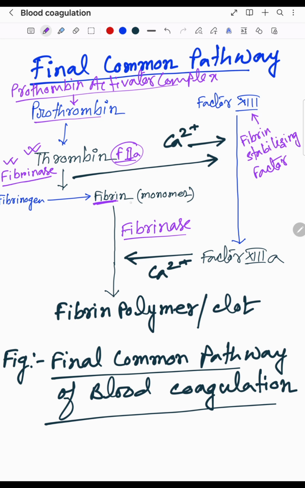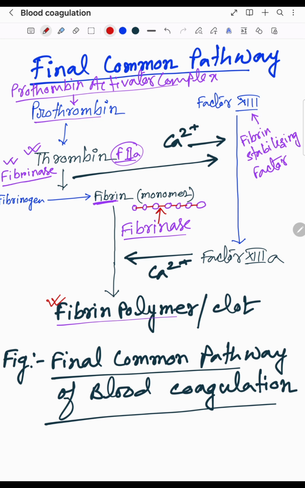Monomer means only one unit, but we need fibrin polymer to form a clot. Only one molecule is not enough to prevent the blood loss. That's why we need a lot of fibrin. So there will be a lot of fibrin, and the lot of fibrin will be attached with a bond like this way, and this bond is created by this enzyme fibrinase. That's why it helps in the formation of fibrin polymer.